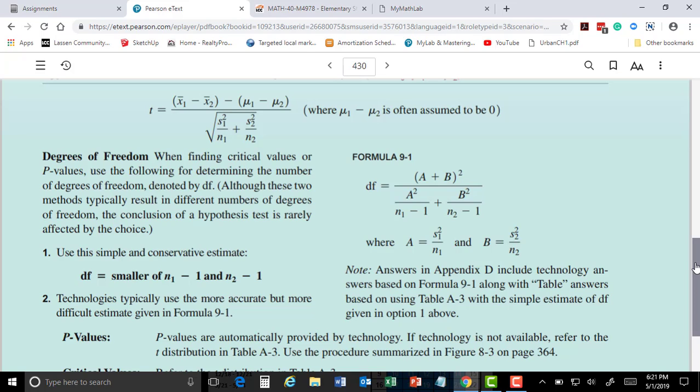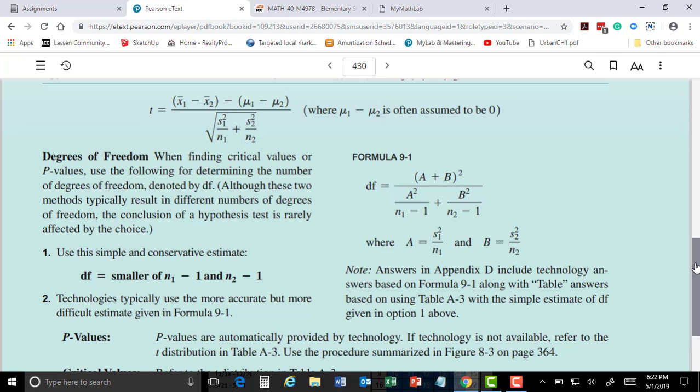Use the following for determining the number of degrees of freedom. Different formulas result in different numbers. So A plus B, that's this thing here. Remember, that was the one right here, s1 squared over n1. And then you have B, and that's going to be that. So they replaced these. So this is degrees of freedom, df.